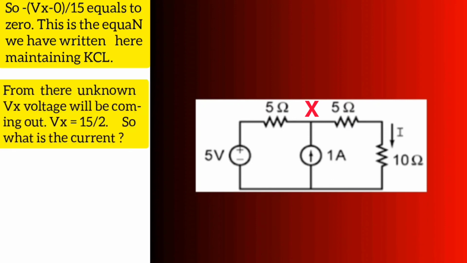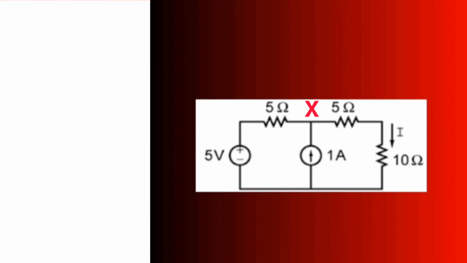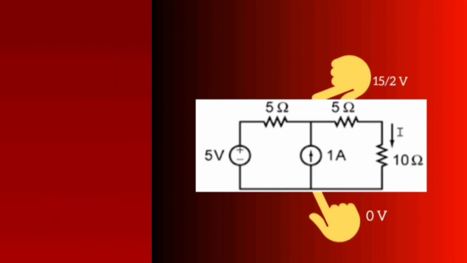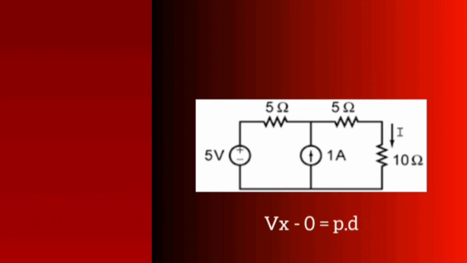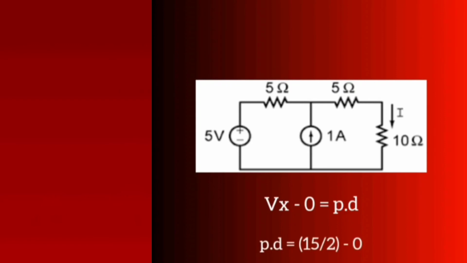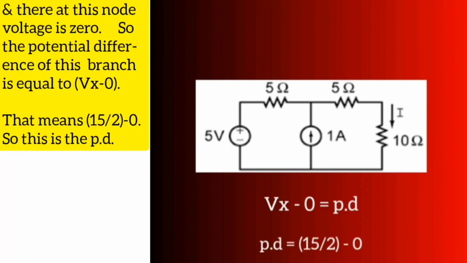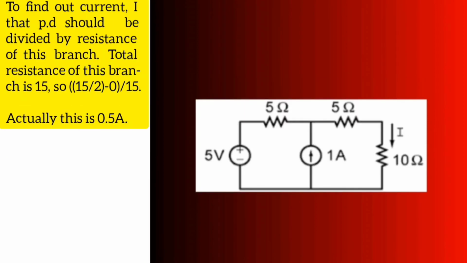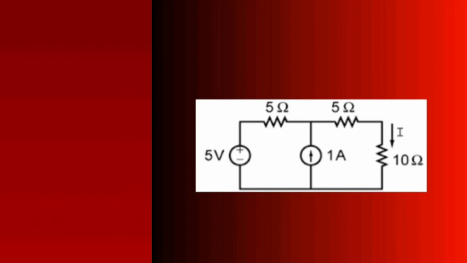From there the unknown voltage Vx comes out: Vx equal to 15 by 2. So what is the current? We have got Vx, and at this node the voltage is 0. So the potential difference of this branch is Vx minus 0, that means 15 by 2 minus 0. To find the current I, that potential difference should be divided by the resistance of this branch.